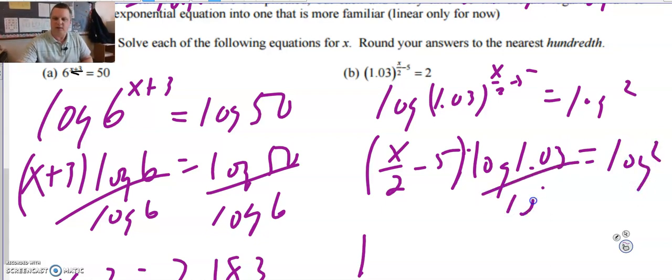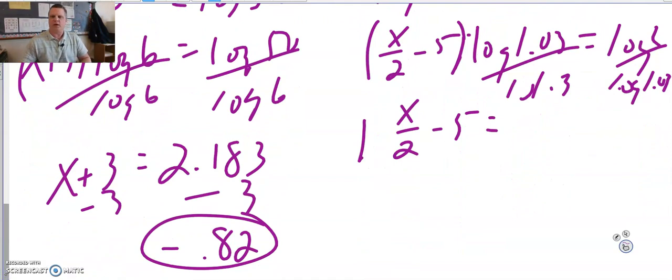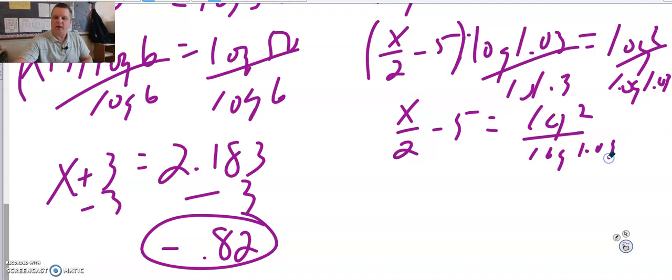Divide both sides by log of 1.03. And then you have x over 2 minus 5 equals whatever that log is. This line means nothing here. Okay. So then you have equals log of 2 over log of 1.03, add 5.